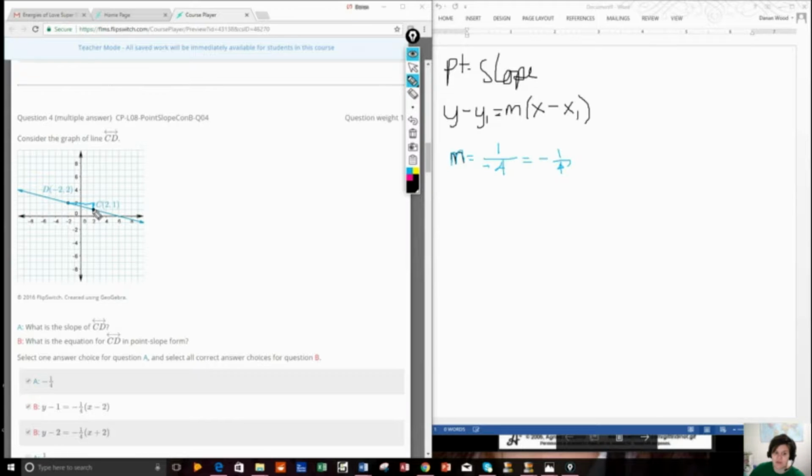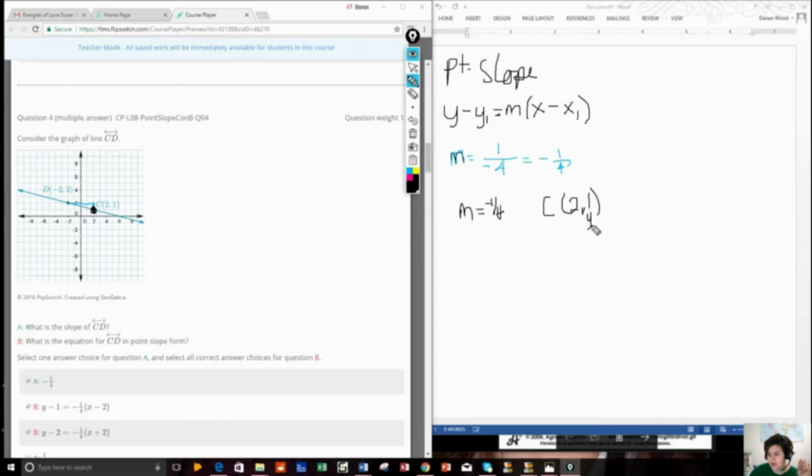So I'm first going to write the equation using the coordinates for point C. So if I have my slope as negative 1/4, and I use the point C, 2, 1.